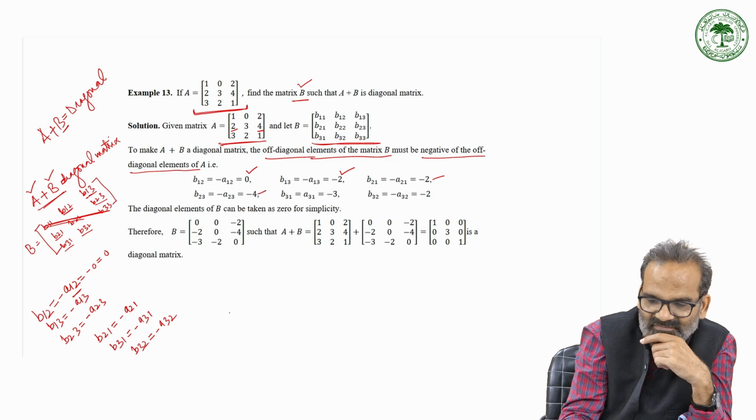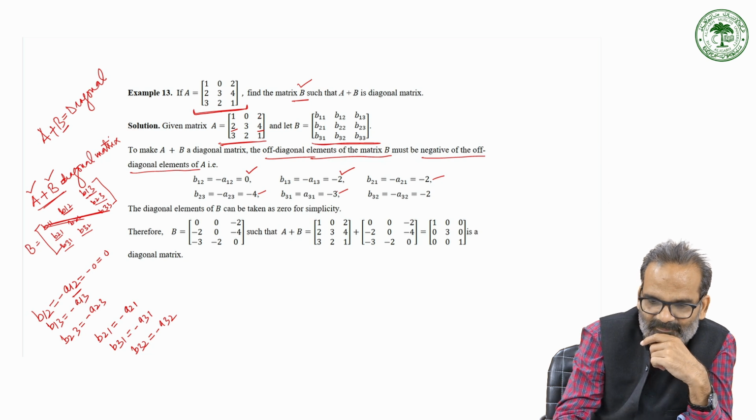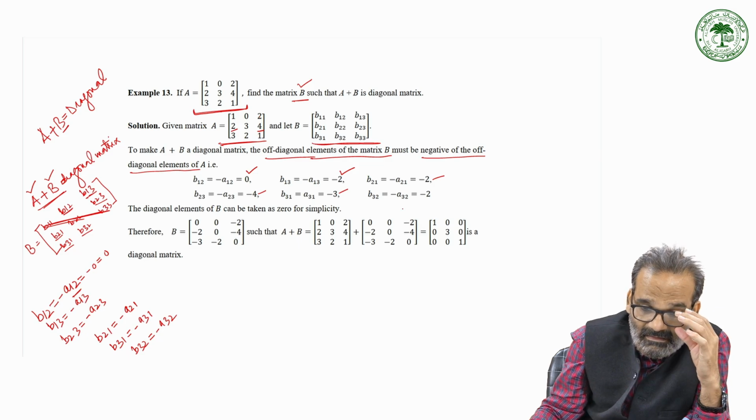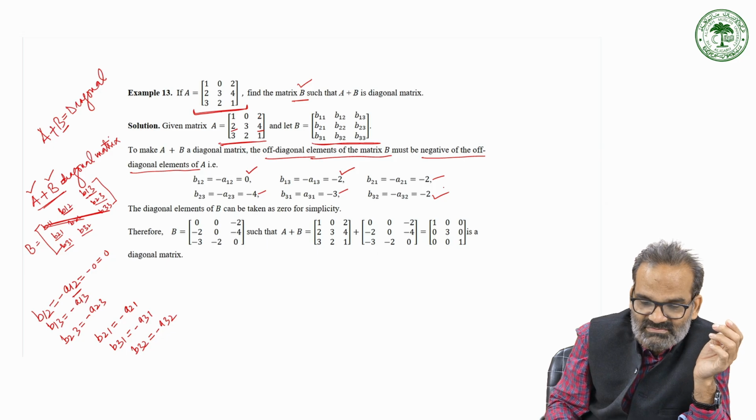So it should be minus 4. B31 is equal to minus A31. A31 is 3. So it should be minus 3. And finally, B32 is equal to minus A32. A32 is 2. So it should be equal to minus 2.